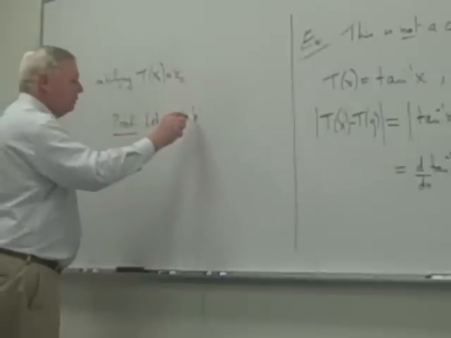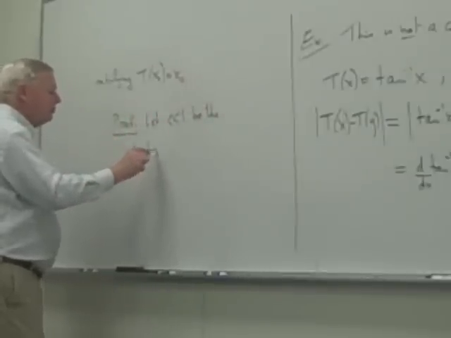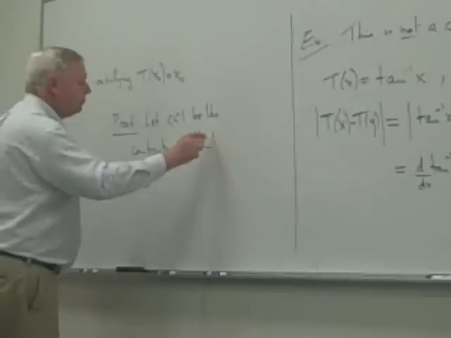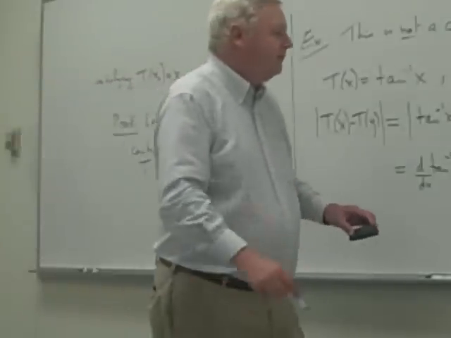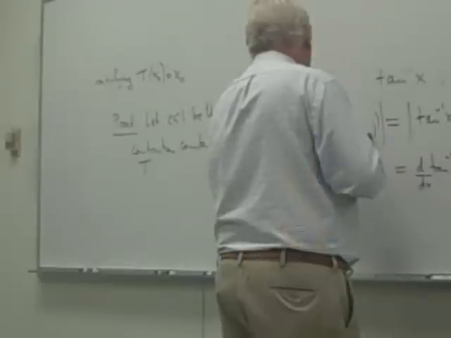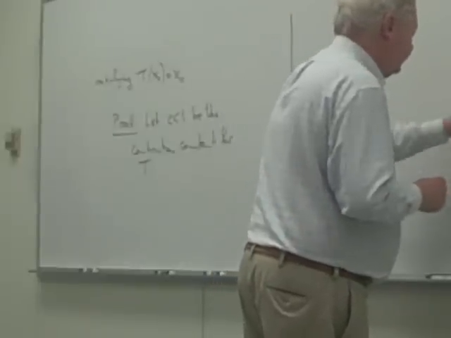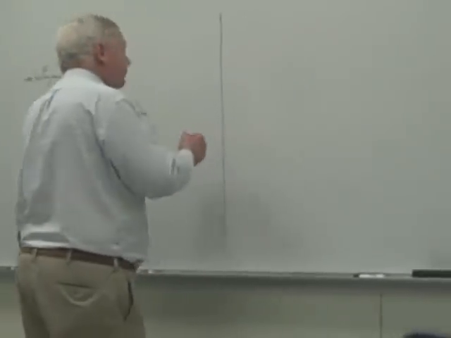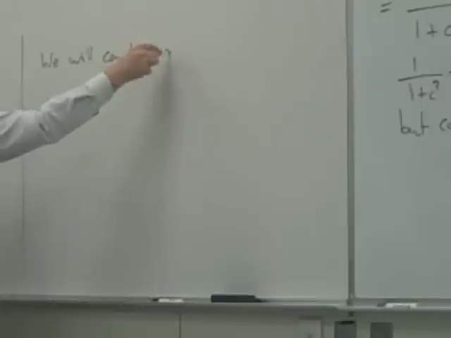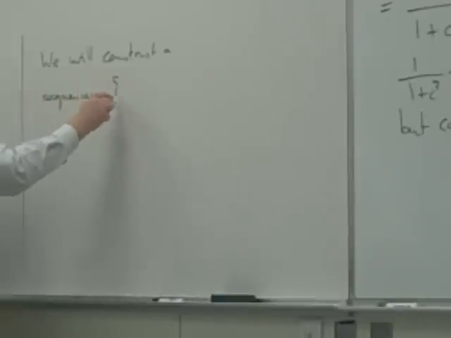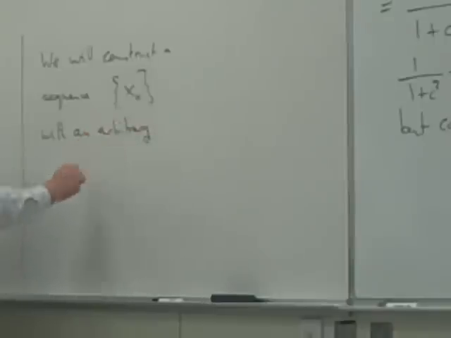So let c less than 1 be the contraction constant for T. We will construct a sequence xn with an arbitrary choice of the first one.